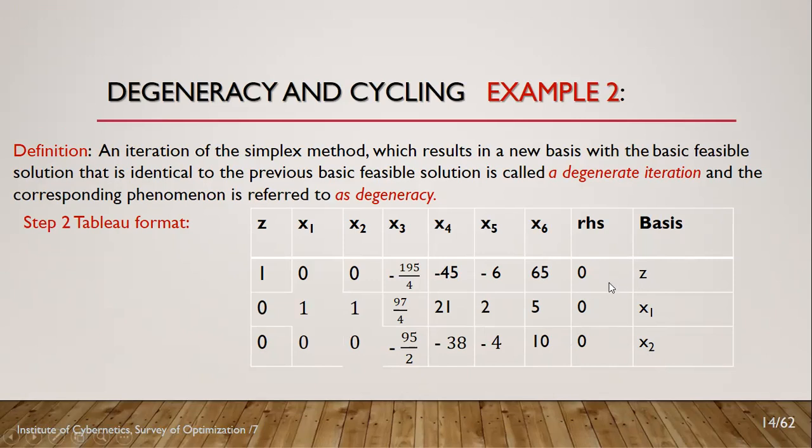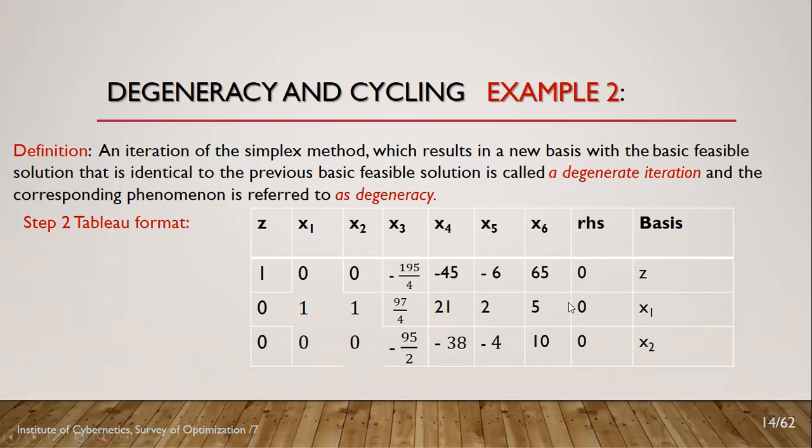An iteration of the simplex method which results in a new basis, with a basic feasible solution that is identical to the previous basic feasible solution, is called a degenerate iteration, and the corresponding phenomenon is referred to as degeneracy.